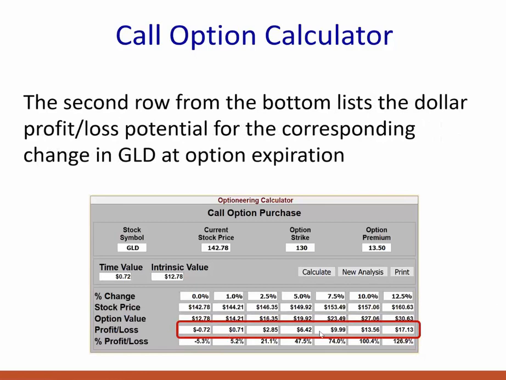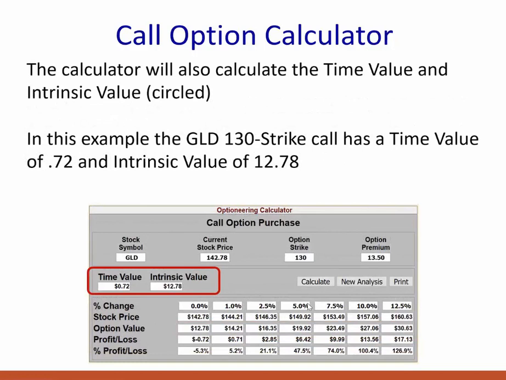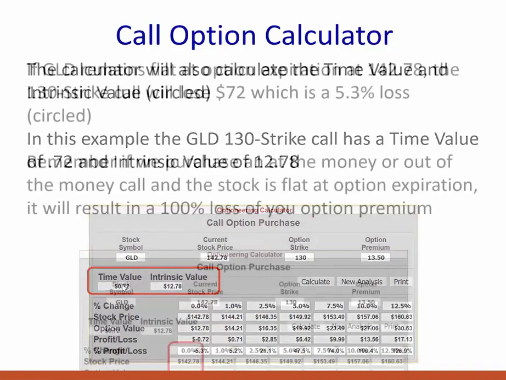And the second row from the bottom lists the dollar profit or loss for the option trade, again corresponding to the price change in GLD in the top row. And the calculator will also calculate the time value and intrinsic value of the option. In this example, the 130 strike call has a 12.78 intrinsic value, 72 cents time value.